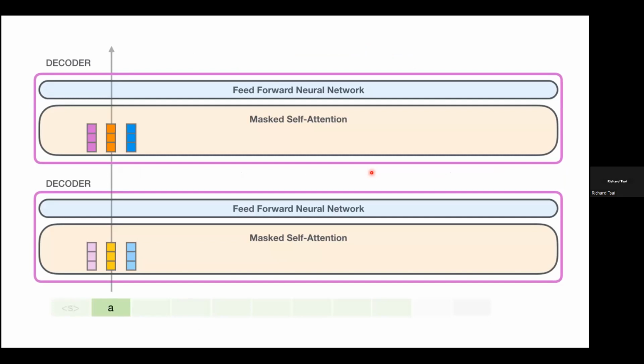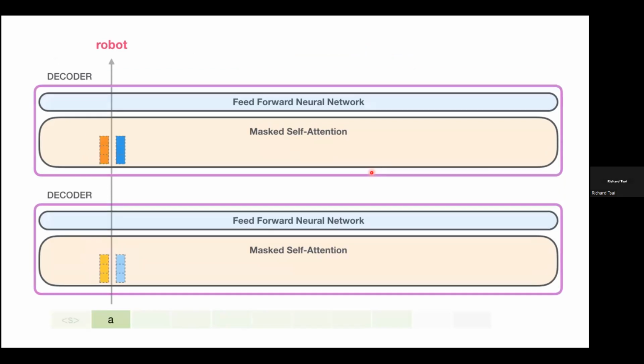Suppose the first token is A. For efficiency, GPT-2 keeps A's keys and the values in every decoder for later calculation, because in calculating the following tokens, these values will be used later.